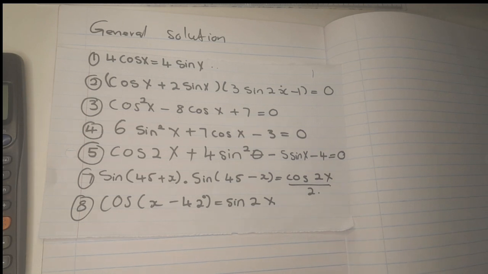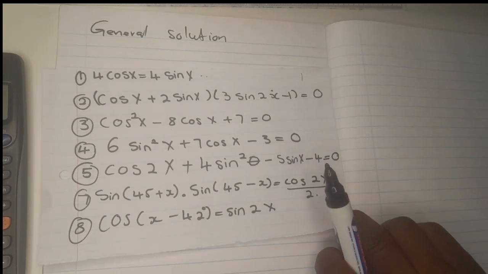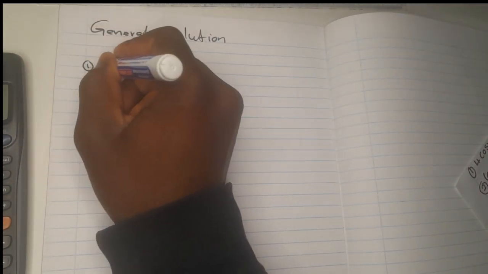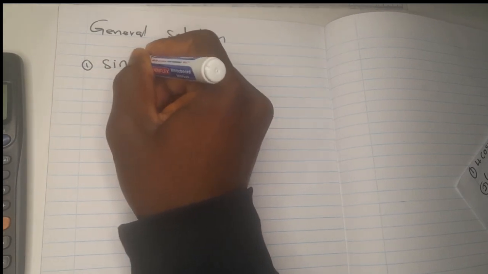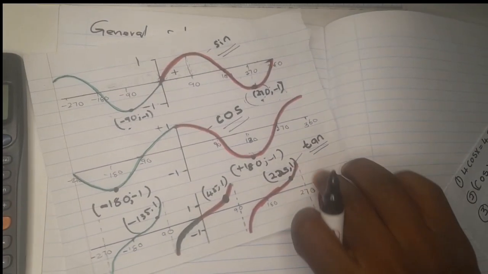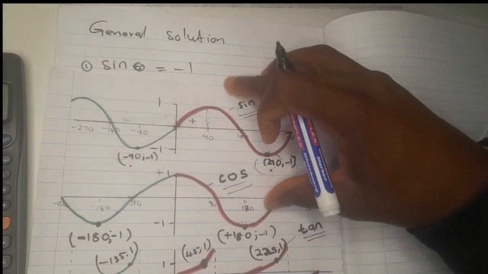So before I can talk about anything, I need to lay out my basics. Let's say we have number one, sine theta is equal to -1. Let us check our graph. This is our sine graph.